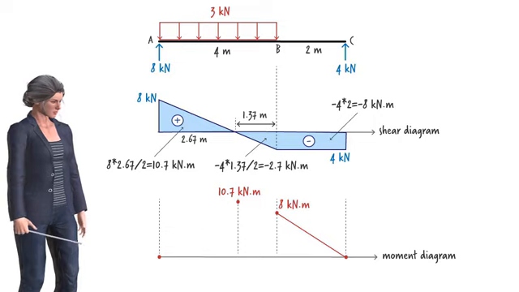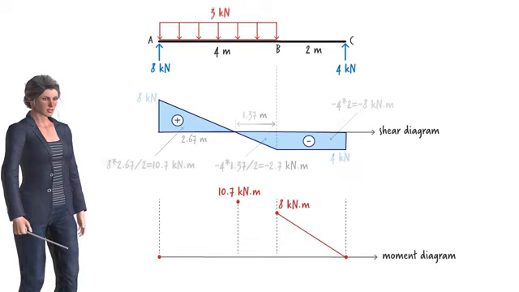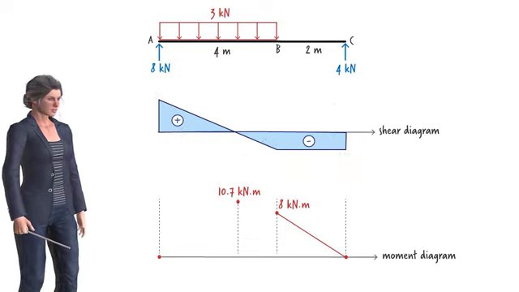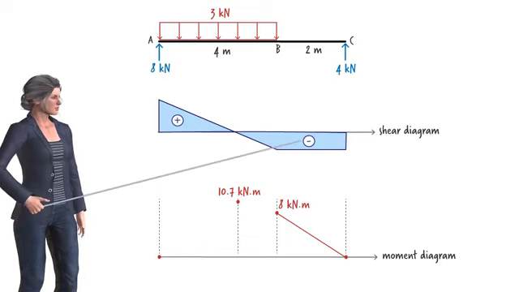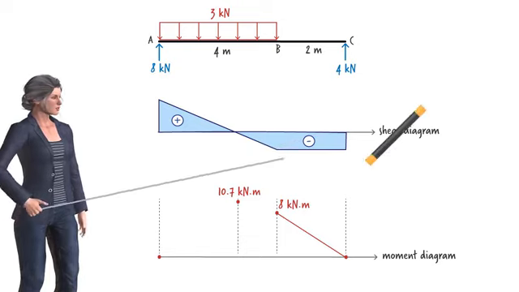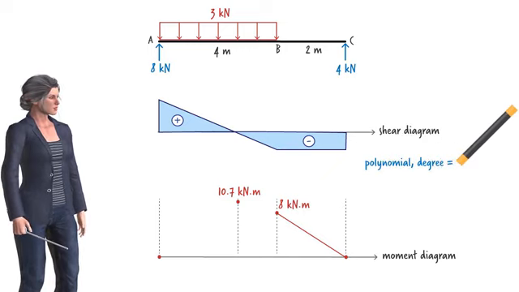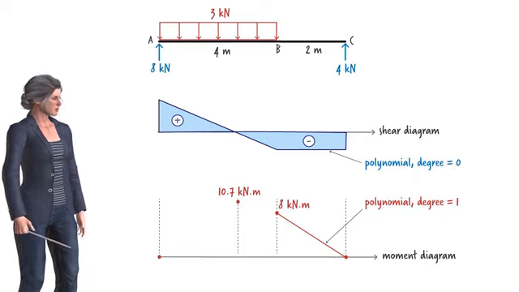The general rule for determining the shape of the moment diagram is as follows. If we view the shear and moment diagrams as the graphical representation of two polynomials, then the degree of the moment polynomial is always 1 higher than the degree of the shear polynomial. In this segment, the degree of the shear polynomial is 0, since shear is constant. Therefore, the moment polynomial has to have a degree of 1.